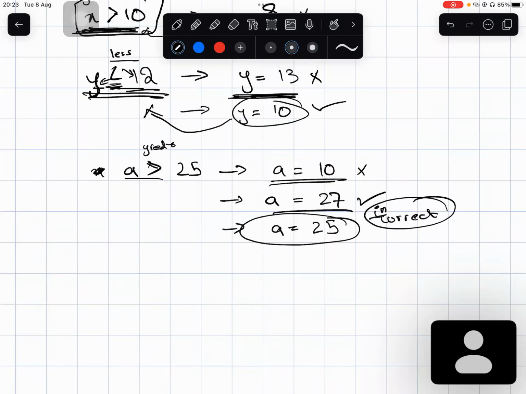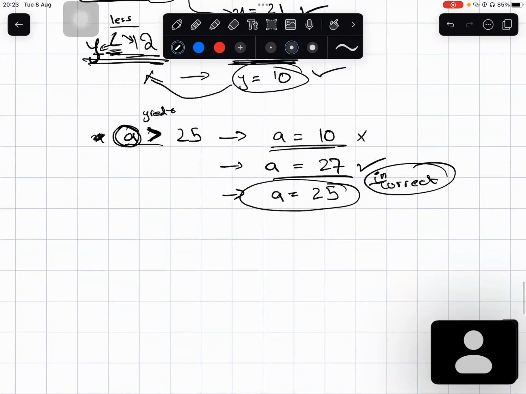This sign is telling you that A can be equal to any value as long as it is greater than 25. It has to be greater than 25. It cannot be 25. So if we get a question like A equals the same number, it's incorrect, 100% of the times.